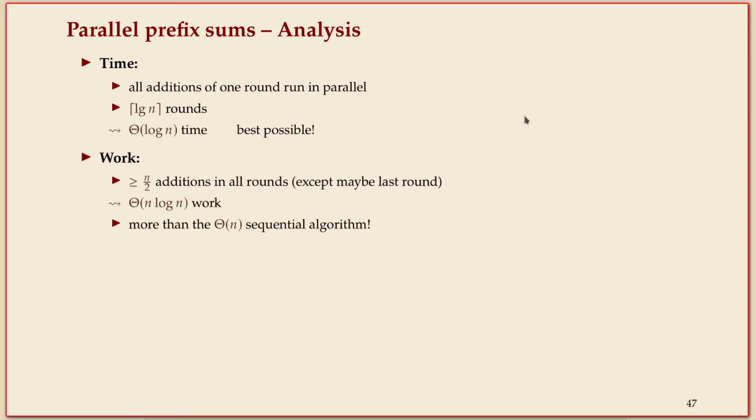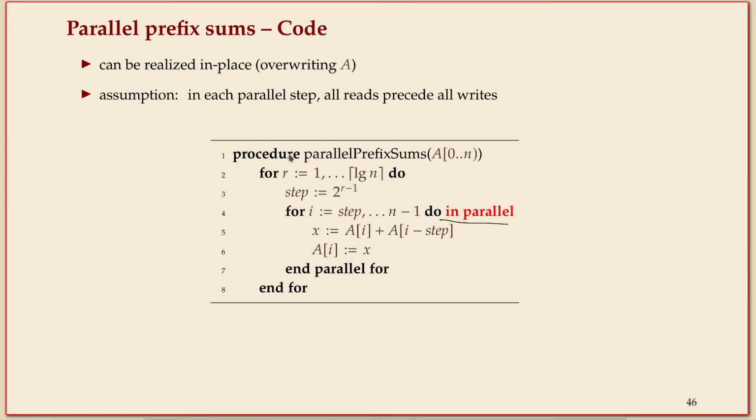Now we want to also briefly analyze how good this algorithm is. And we have to do two things: work and time. We ignore the space, that's constant in a sense. For time, we can just treat this wherever it says do in parallel. We ignore that there is even a loop. We just count the longest execution. So let's do green for span. So we run the outer loop.